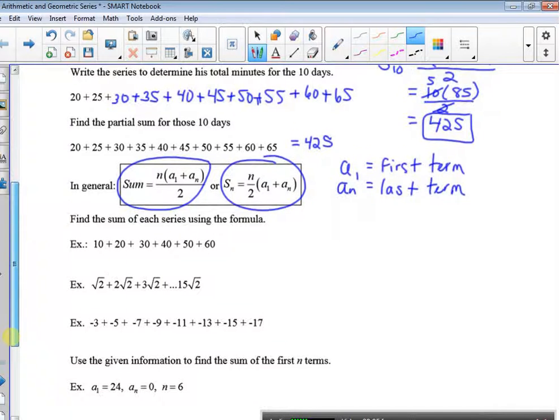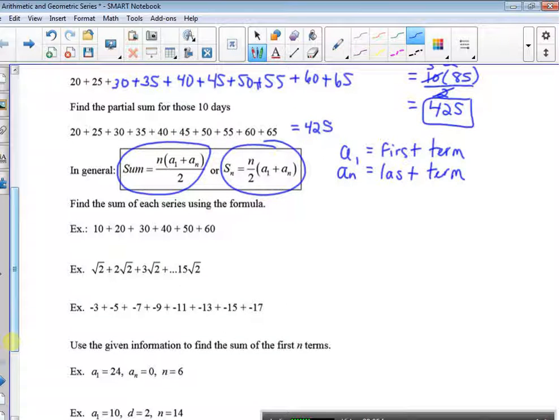All right, so again, if we use the formula for these other examples, we are looking for a sub 1, a sub 2, a sub 3, a sub 4, a sub 5, the sum of 6 numbers. So n is equal to 6. So S sub 6 equals n, which was 6, times the first term plus the last term divided by 2.